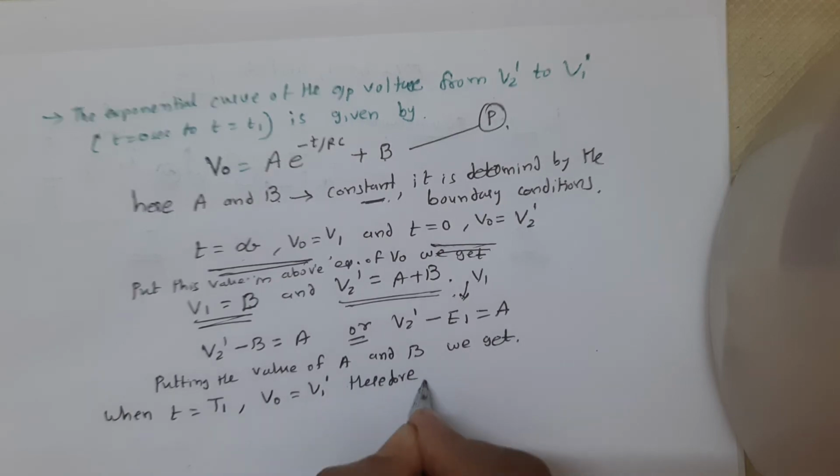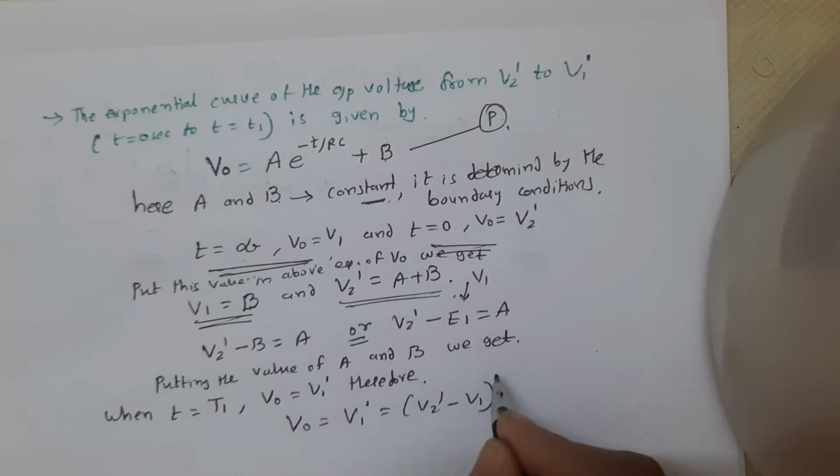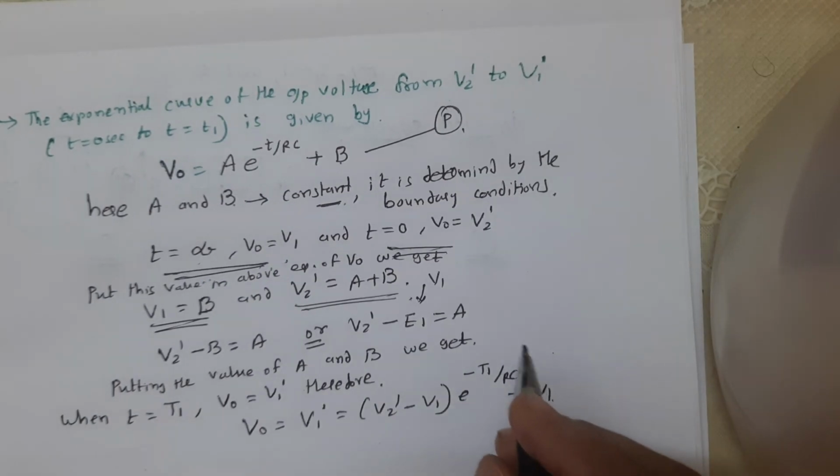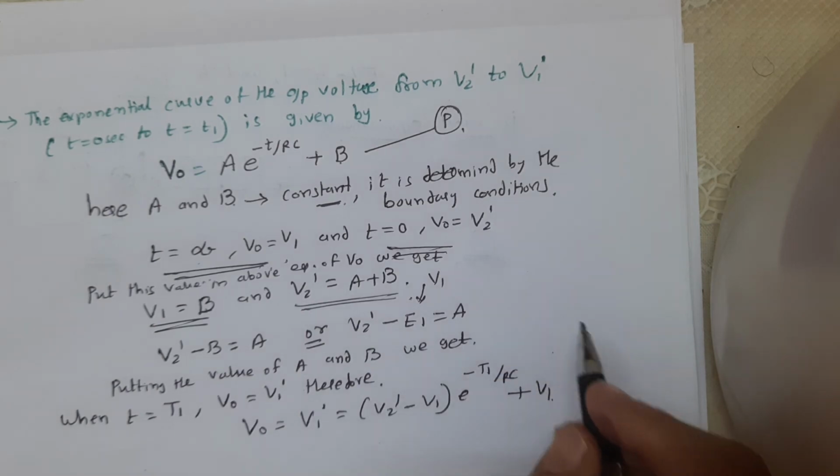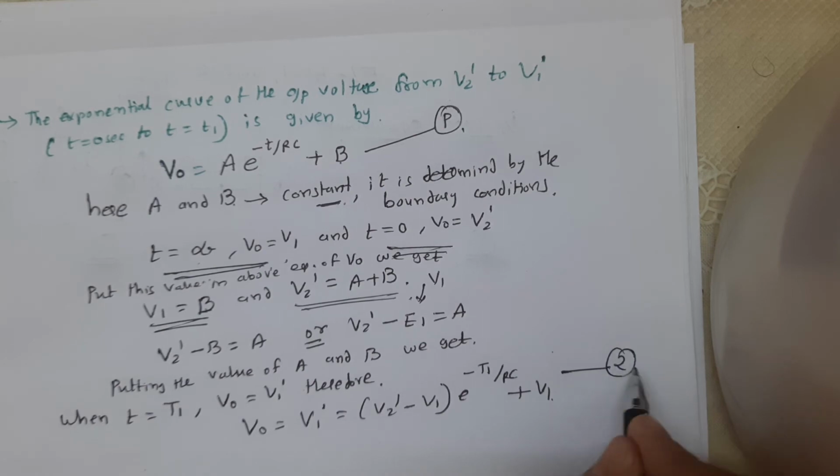Therefore, Vo is equal to V1 dash is equal to V2 dash minus V1 e raised to minus T1 upon RC plus V1. This is your equation 2.